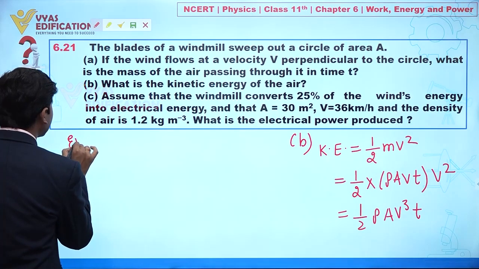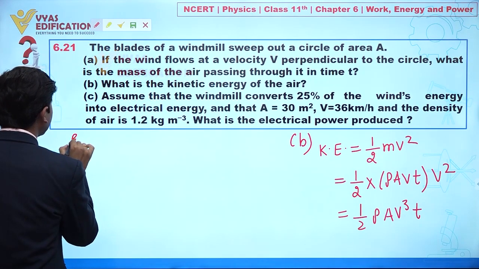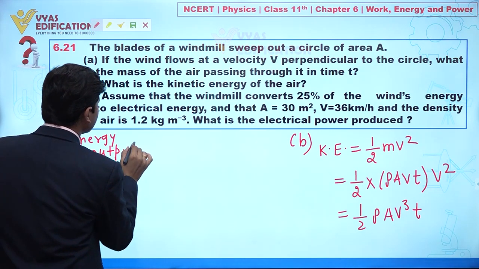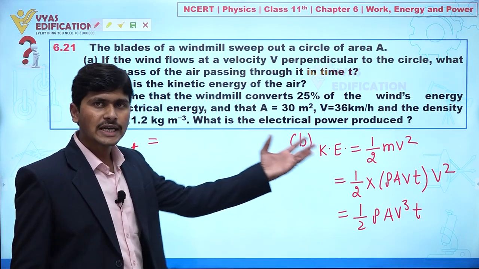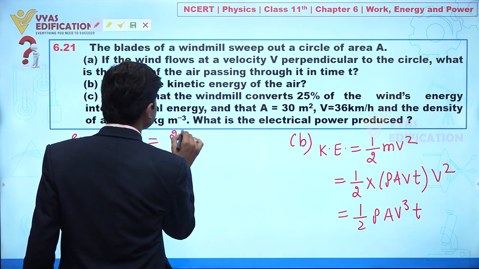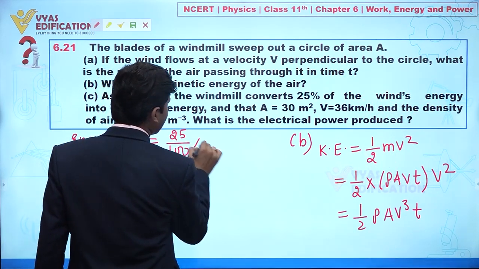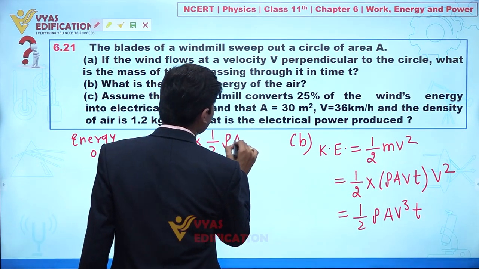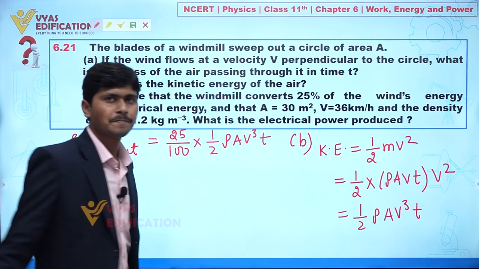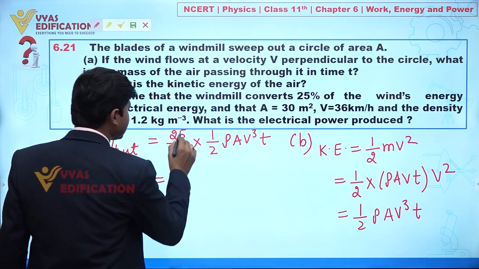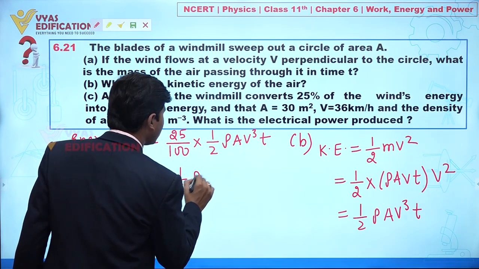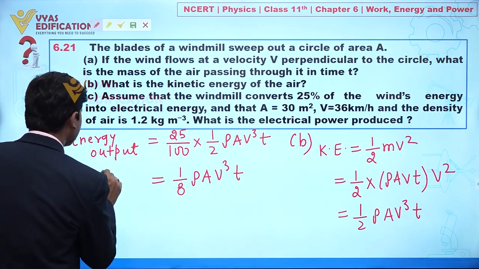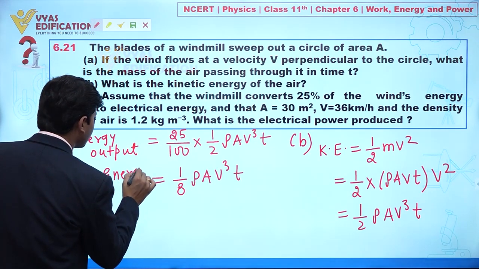So I can directly write the energy output is 25% of the total kinetic energy. So 25 by 100 multiplied by the kinetic energy, 1 by 2 rho A v cube t. This is 1 by 4 times 1 by 2, that is 1 by 8 rho A v cube t, and this is the energy output.